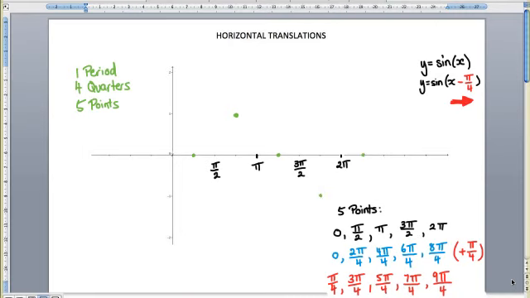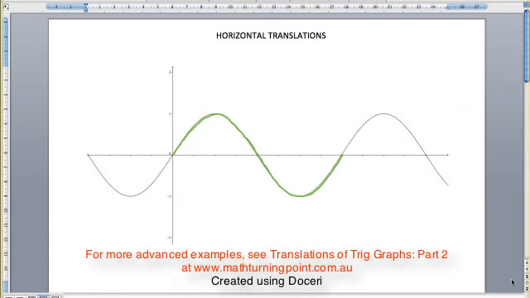And they're all located at the x values given here. So we've got pi on 4, 3 pi on 4, 5 pi on 4, 7 pi on 4, and 9 pi on 4. Of course, this will be easiest to draw if you have your x-axis already broken up into pi on 4. So there you have it. What we have is our basic sine graph that was translated pi on 4 units to the right.